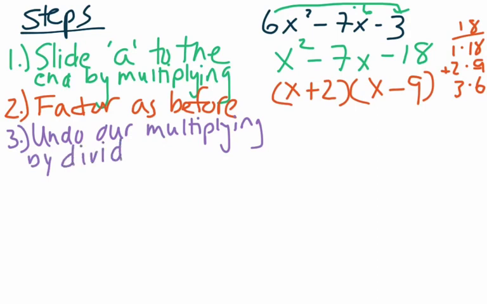By dividing by a. So the number that we multiplied by is going to be the number that we divide by. Now what am I dividing by a? I'm going to divide these numbers by a. So as I write that, and I give you guys a chance to write it, we multiplied the 6 into the 18.